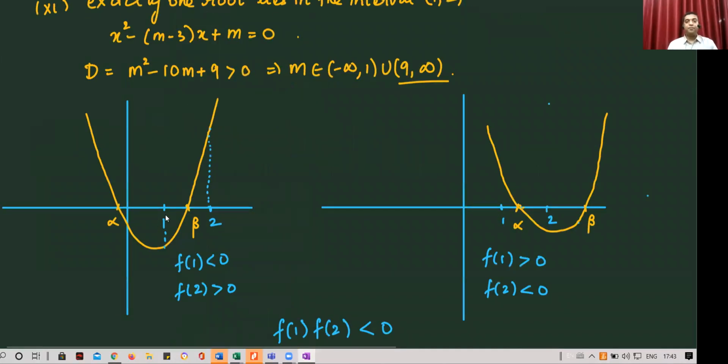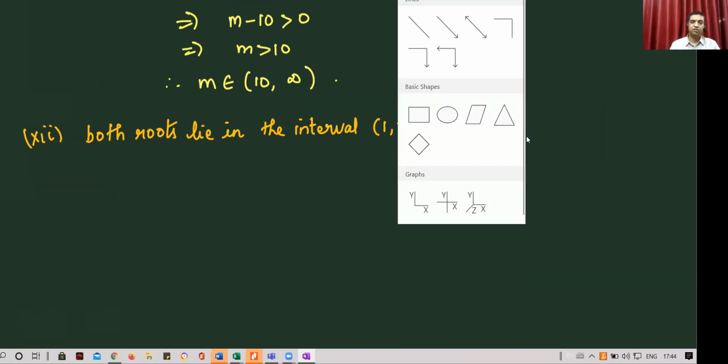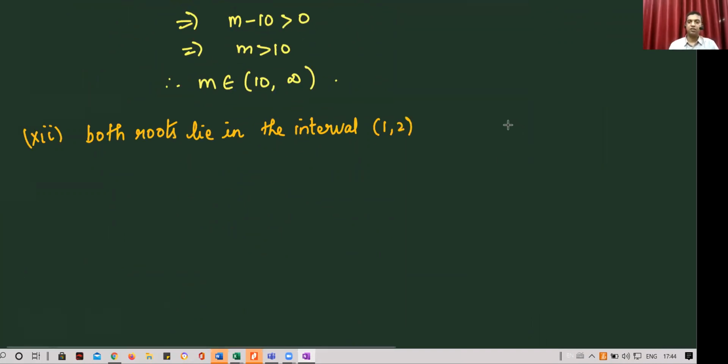Here exactly one root lies. Now both roots lie in 1 comma 2. Then what will you get? How will you get the equation? So the product of both the functions of 1 and 2 will be positive.